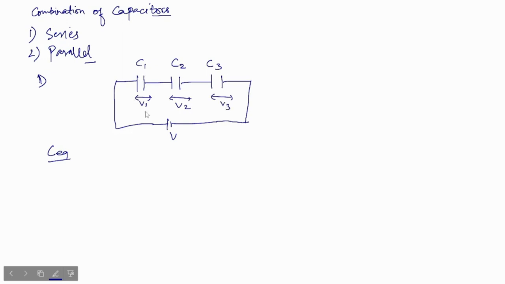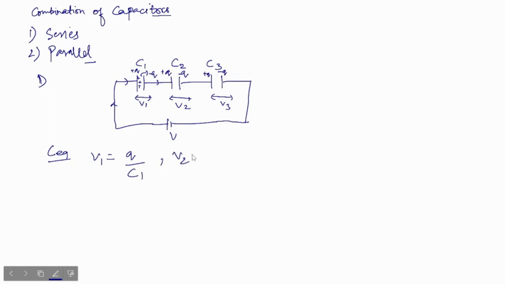When the charge moves, this capacitor C1 gets a positive charge Q on this face, and the other face gets negative charge Q. Since they are in series, the next capacitor will also get the same charge: positive charge Q and negative charge Q. So the potential across C1, V1, is Q by C1.